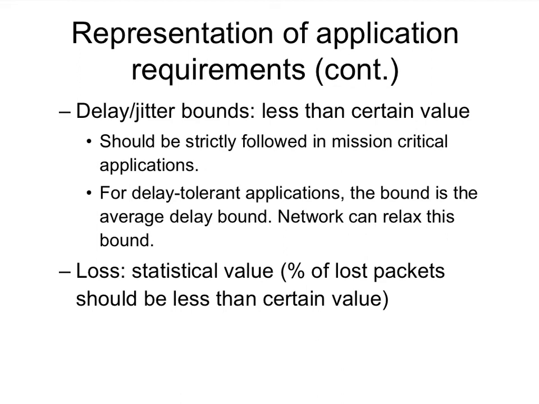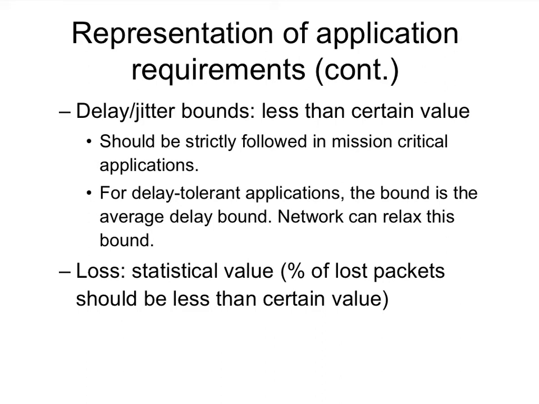Okay, so it's fine. And also, I can introduce some dejittering buffer at the receiver to smooth out this delay effect. So using that, I can also make the quality even higher.